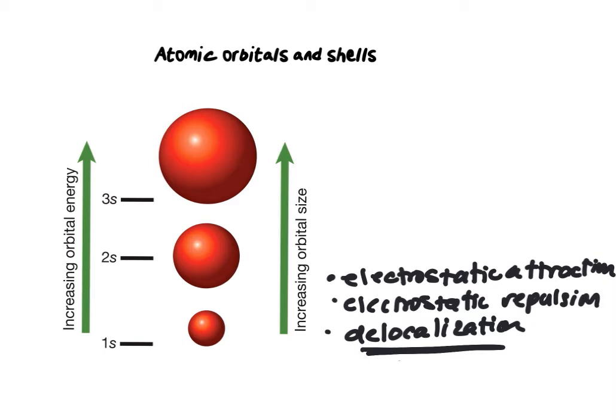Electron shells are identified by principal quantum numbers, 1, 2, 3, and so forth. Each shell can contain up to 2n² electrons, where n is the number of the shell. The first shell can only contain 2 electrons, the second shell 8 electrons, and the third 18 electrons.